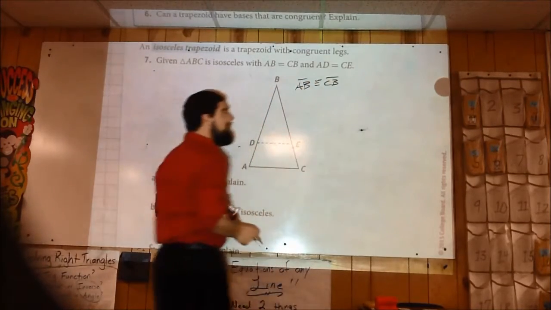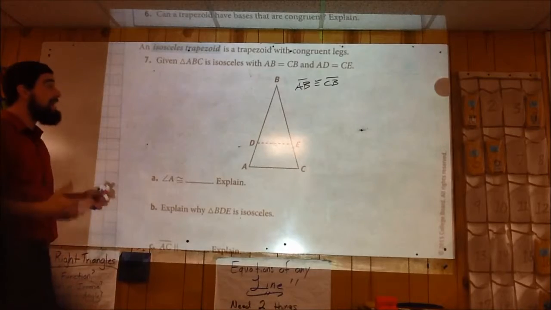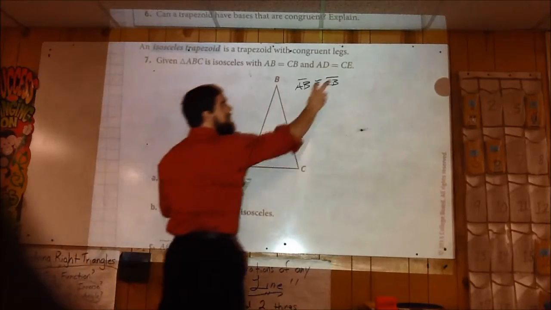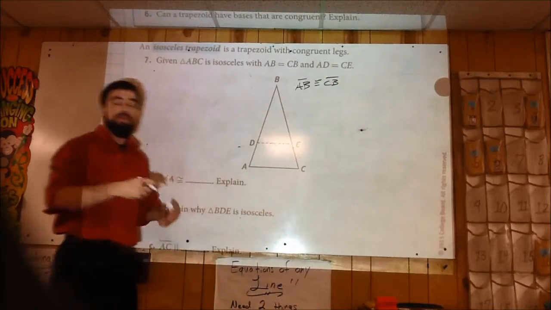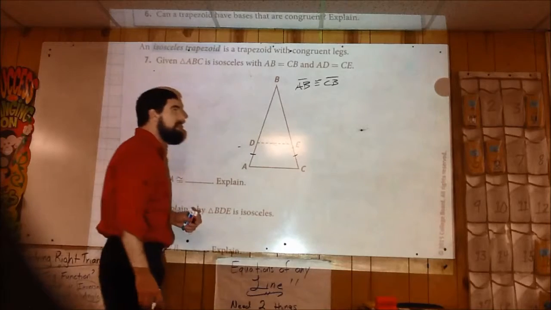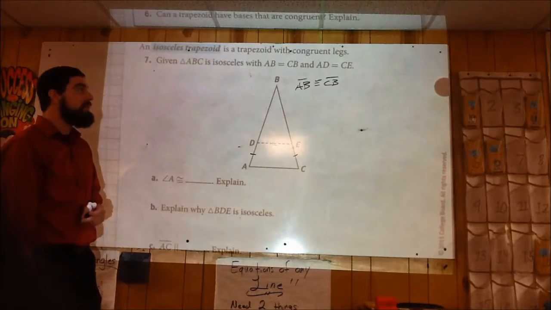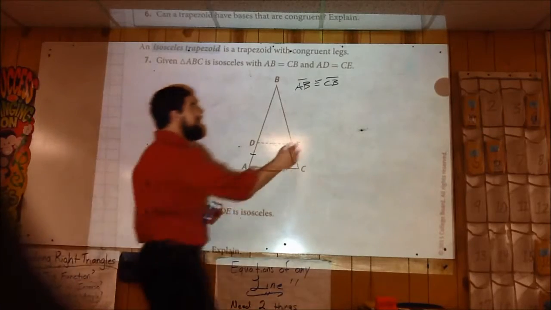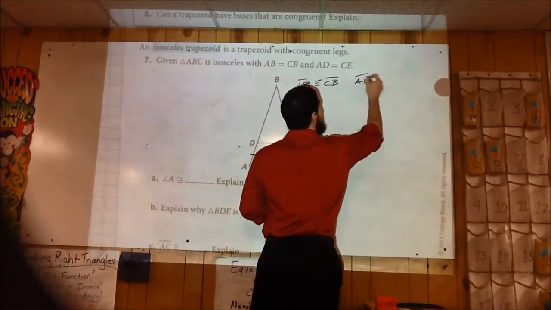So I know that those 2 legs of that isosceles triangle are congruent. It also tells you that these 2 segments have the same length. And when 2 segments have the same length, then you can say that they are congruent by the definition of congruent segments. So this is the information that we have pulled from the given.